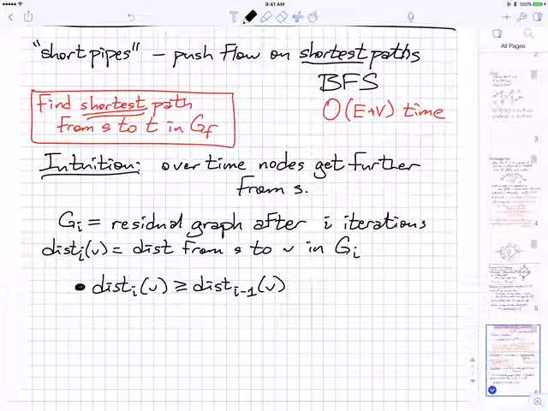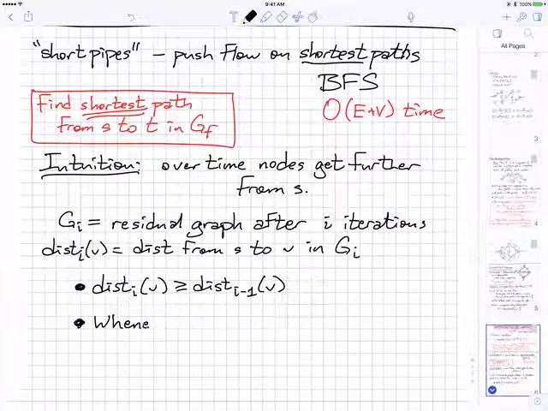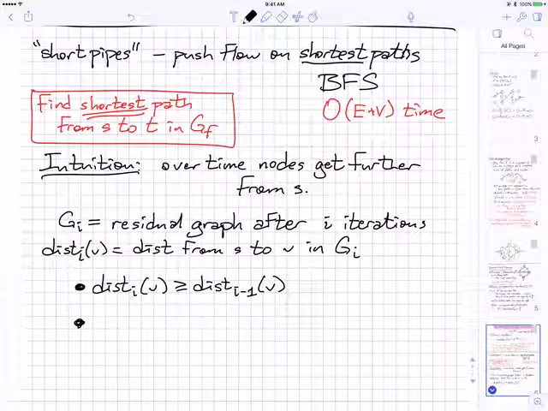But another way to say this, the second observation, is: whenever you saturate an edge in the graph, whenever you fill up an edge to its capacity, so let me say it this way.